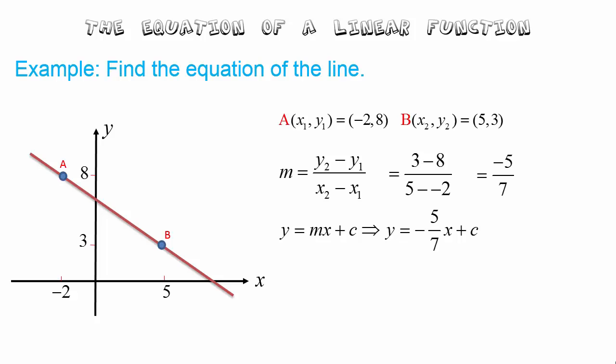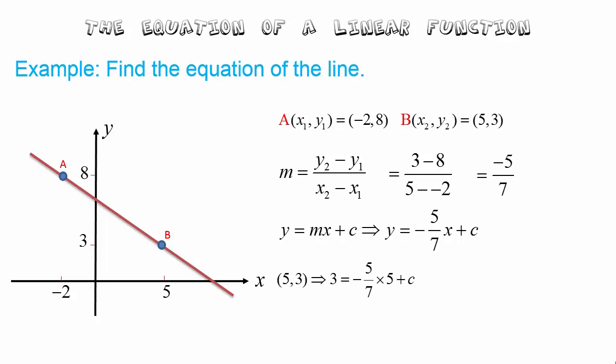Now to determine the value of c, the y-intercept, because we can't actually read it from the graph, we can substitute either the coordinates from point A or the coordinates from point B for x and y in the equation and work out the value of c. Either way will give us the same answer. I've chosen the coordinates for B, 5 and 3.